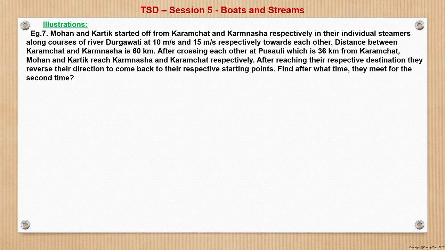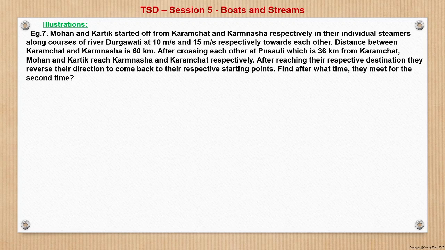Question 7 says that Mohan and Karthik started off from Karamchat and Karamnasha respectively in their individual steamers along courses of river Durgavati at 10 meter per second and 15 meter per second respectively towards each other. Distance between Karamchat and Karamnasha is 60 km.